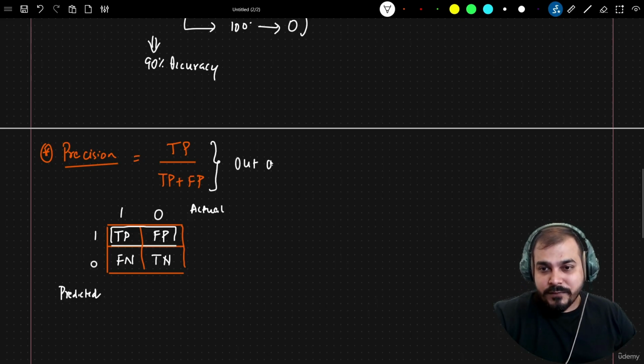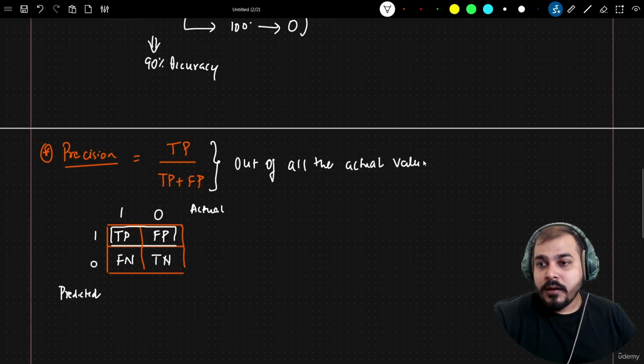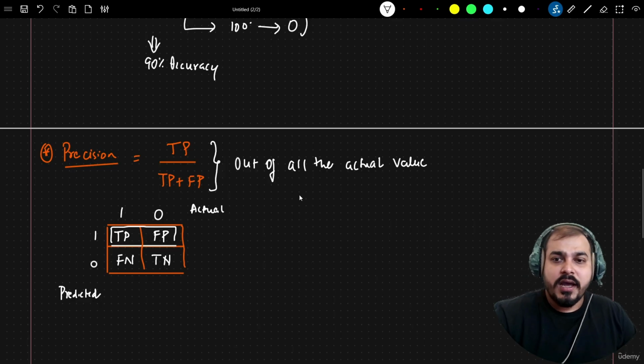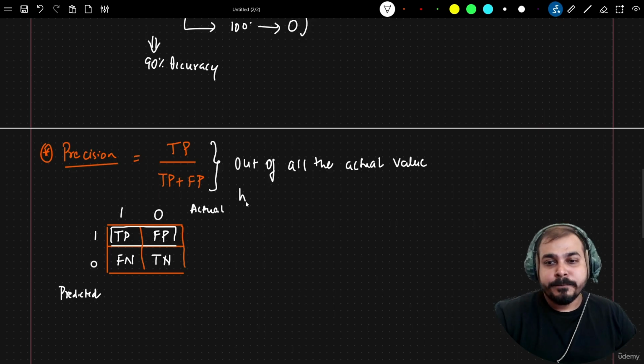Out of all the actual values, because when I am referring to these two, in short I am referring to both the actual values, ones and zeros. Out of all the actual values, how many are correctly predicted?